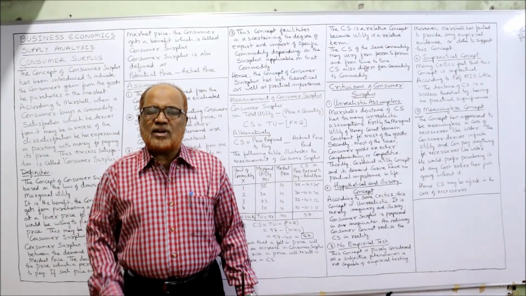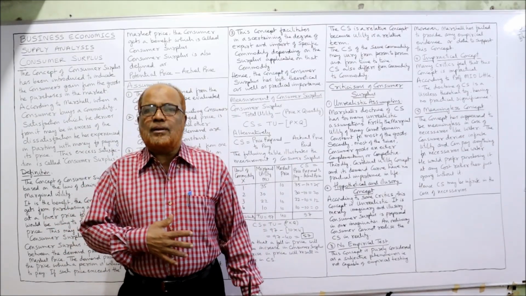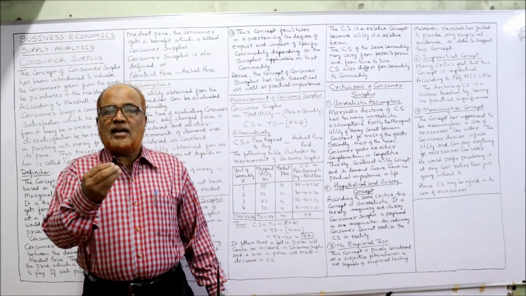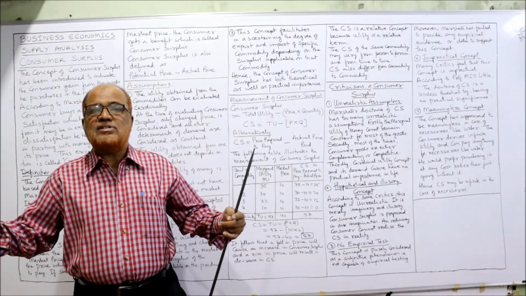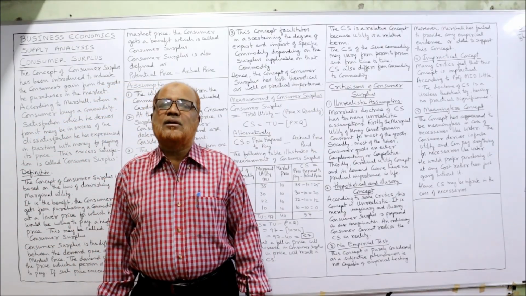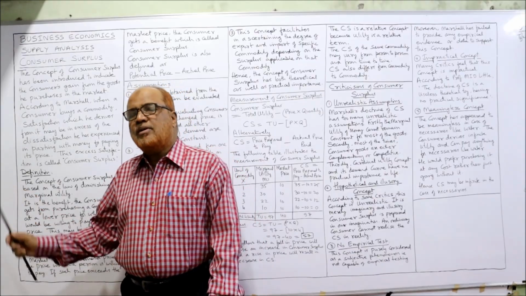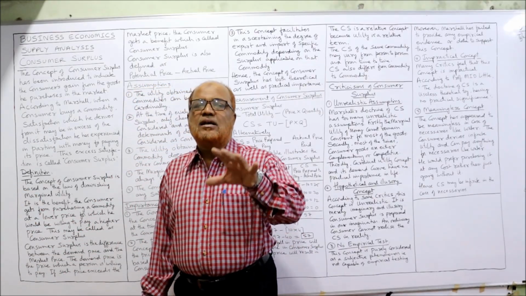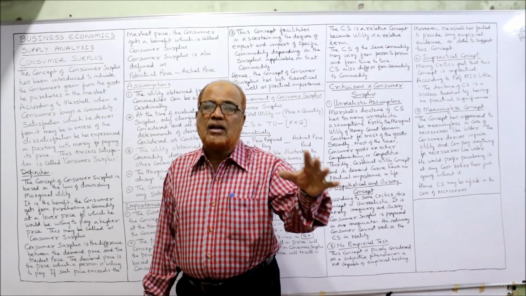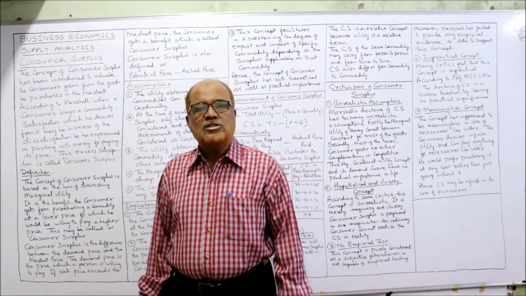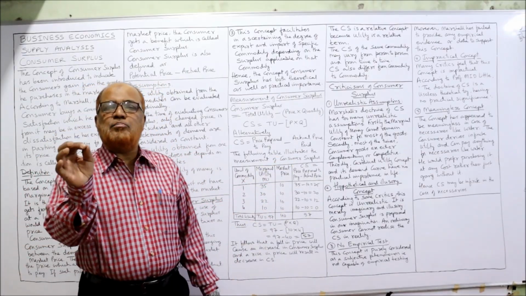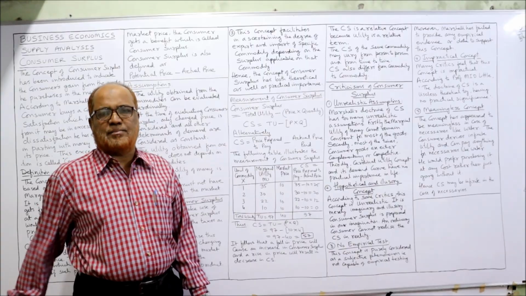Can we measure the satisfaction? Similarly, a person is starving for food. When suddenly he gets some food, he will get a lot of satisfaction. But can we measure the satisfaction? It is difficult. So here, the consumer surplus assumption says that utility is measurable, cardinal. It is not practical. So these are the unrealistic assumptions. That is the first criticism.